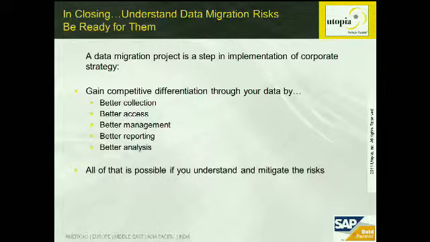So, with that, I just want to close with this: understand your data migration risks, because the project is an implementation of your corporate strategy. What you're after is gaining a competitive advantage through better data collection, better access to your data, better management of your data, better reporting and better analysis.